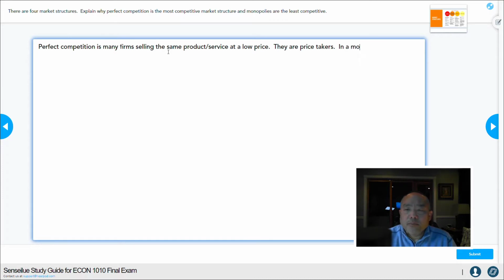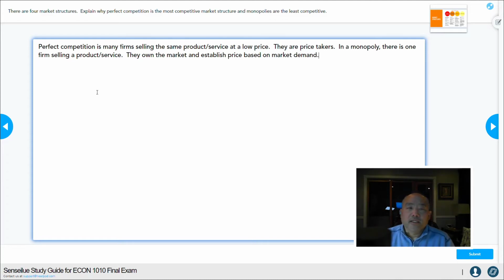In a monopoly, there is one firm selling a product or service. They own the market and establish price based on market demand. Okay, basically the answer is that perfect competition is more competitive simply because we have many firms driving prices lower, essentially becoming price takers.